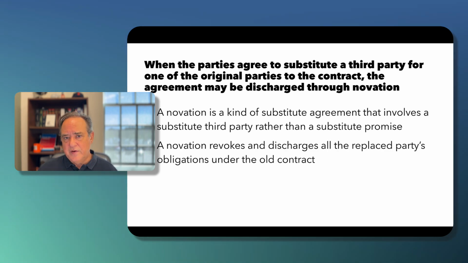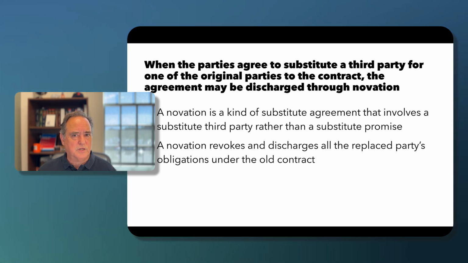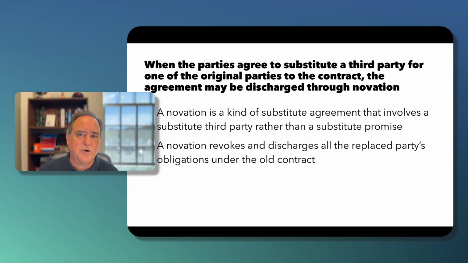So when the novation occurred, the novation revoked and discharged all of my client's obligations under the old contract. So it's a substitute agreement, except instead of changing an aspect of performance, we change the third party. We change one of the parties to the contract.